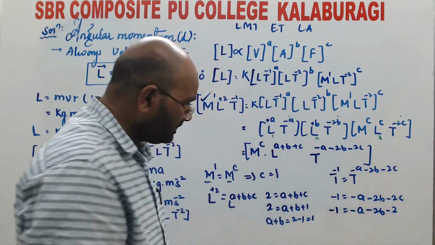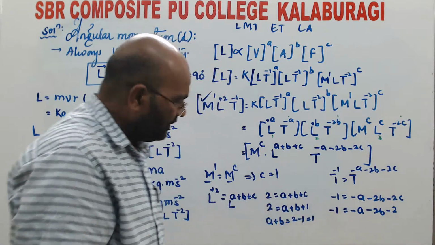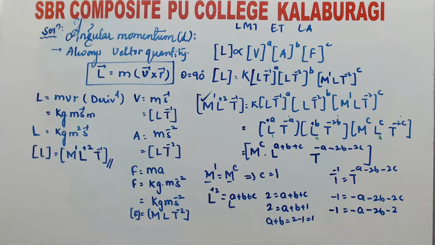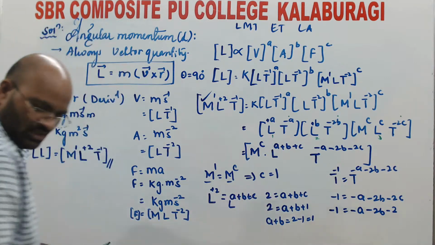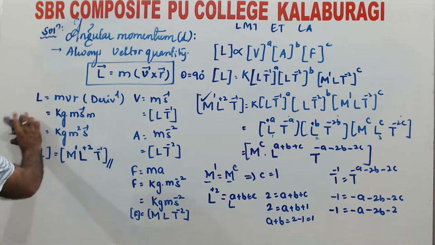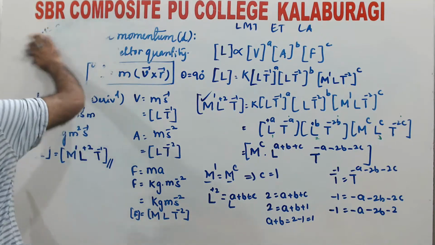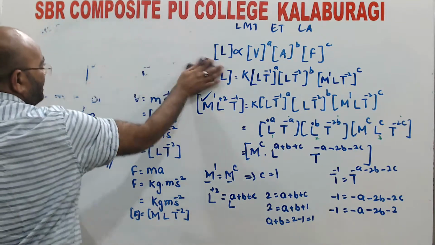Once you simplify, you get the final values of a, b and c, which matches option number 2.